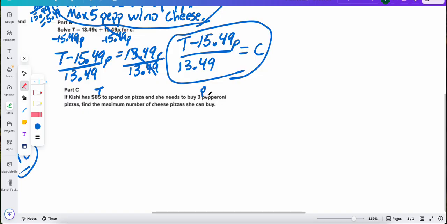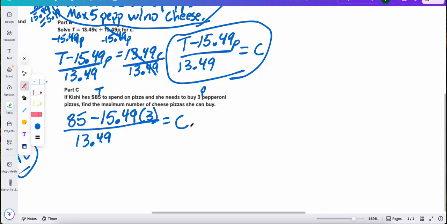So we're going to go ahead and plug these numbers in. So we had T, which was 85, minus our 15.49 times P, which we just said is 3, divided by 13.49 equals our C, which is the amount of cheese pizzas.